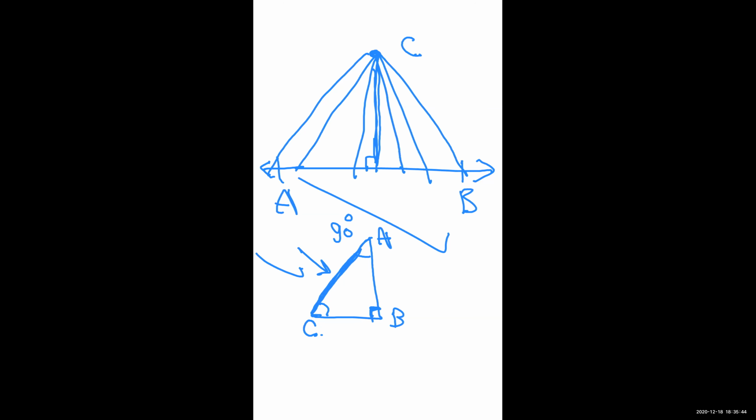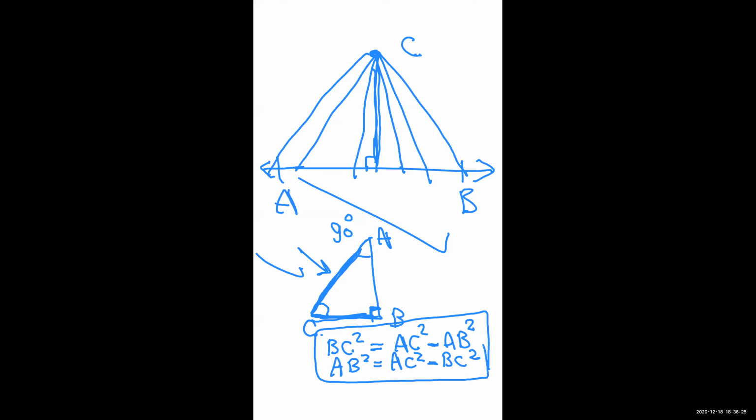So this means BC squared, which is the base, equals AC squared minus AB squared. And if I want to get AB squared, it will equal AC squared minus BC squared.